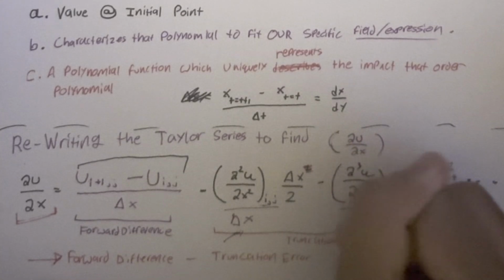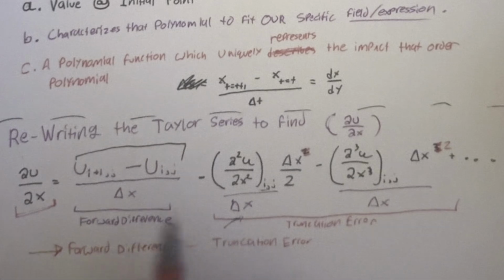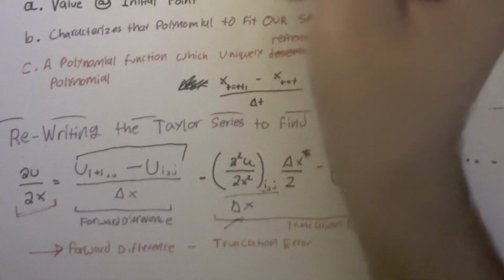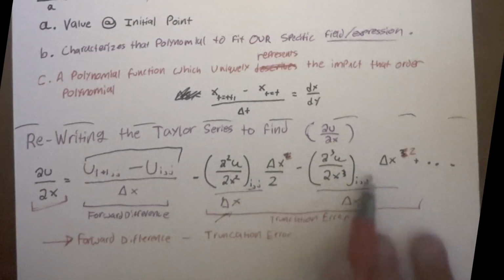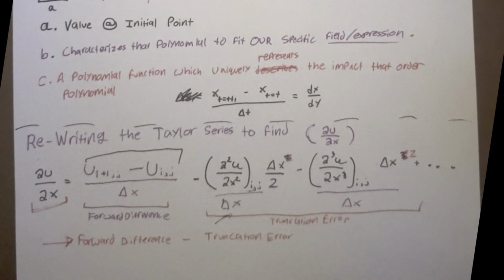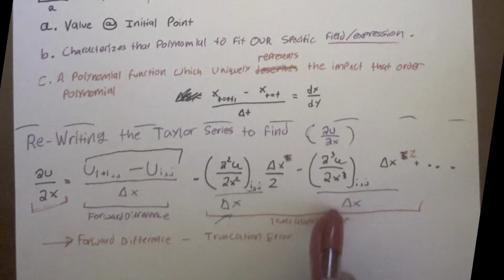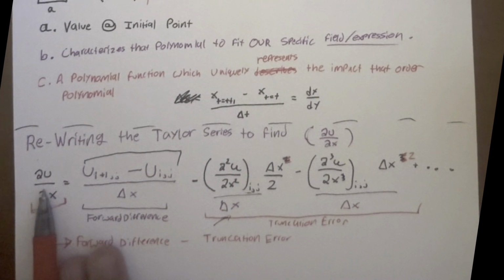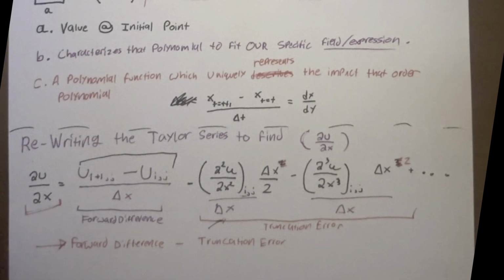Going back to the analogy we had earlier, this is our linear approximation for this function, and this is accounting for the terms that aren't covered in our forward difference, right? And that gives us the exact solution for our partial differential equation term.